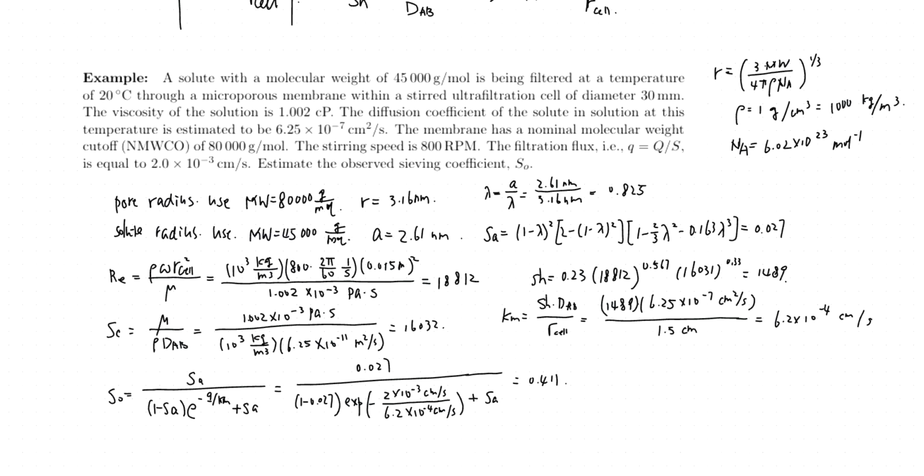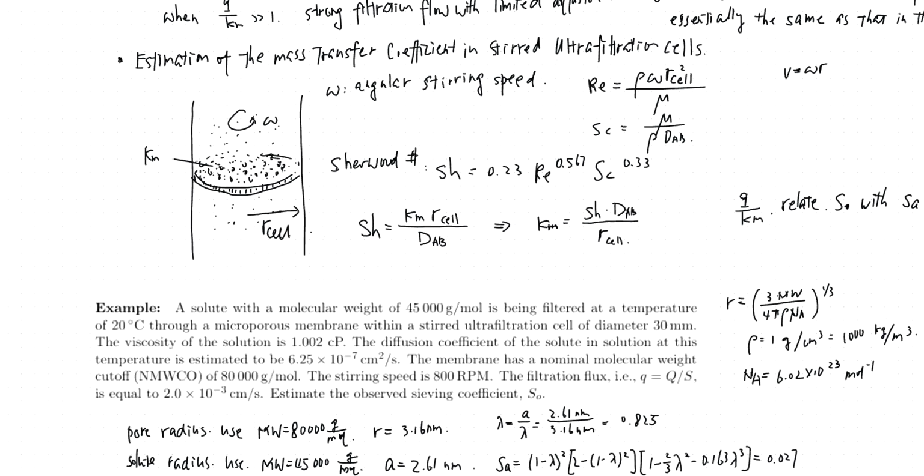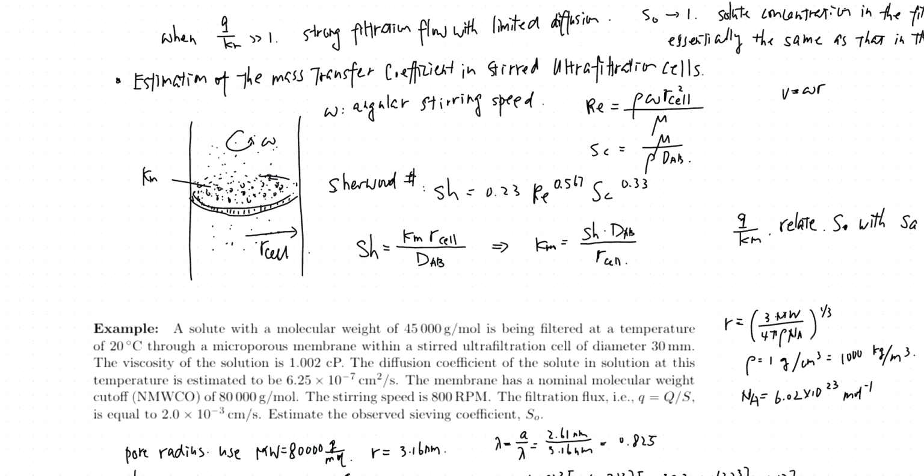And this stirred environment is another example where people give you an estimation of the mass transfer coefficient. The mass transfer coefficient depends on the geometry, the flow rate, and a lot of factors. And it's problem specific.